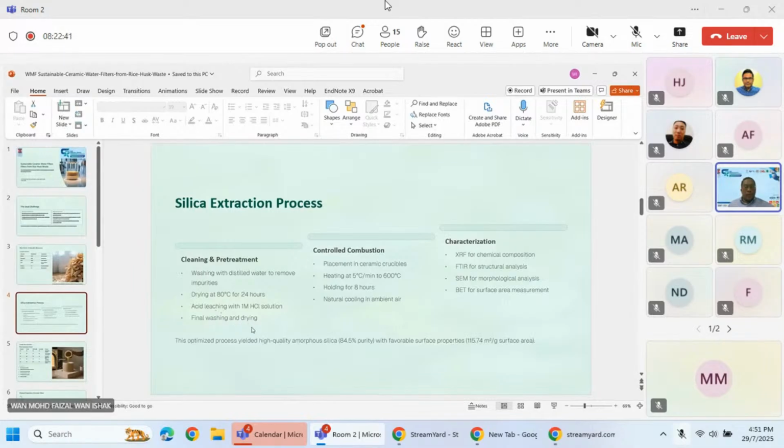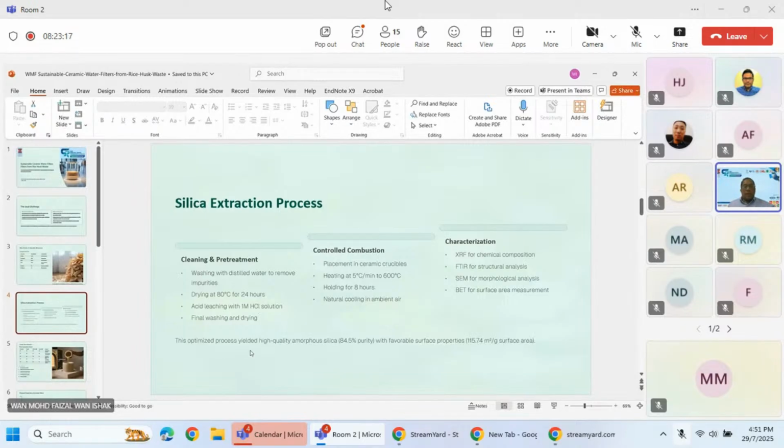All this we do with the equipment at the industrial lab in Machang. Then we place it in a ceramic crucible, heat it for 5 minutes, hold for 8 hours, and let it cool naturally in ambient air. Then we do characterization using XRF, FTIR, SEM, and BET for surface area measurement.